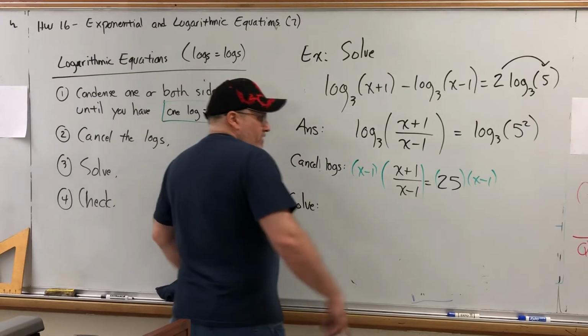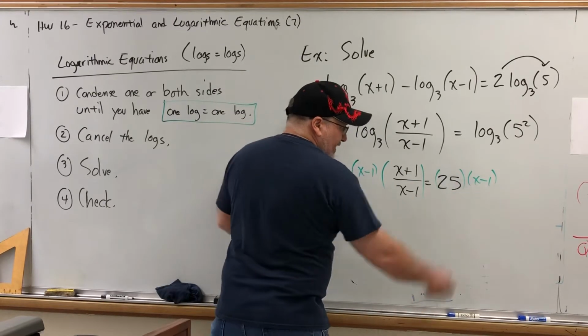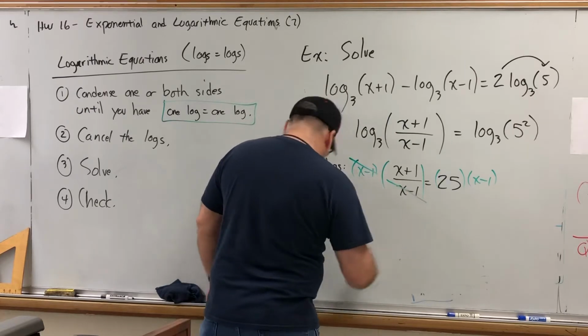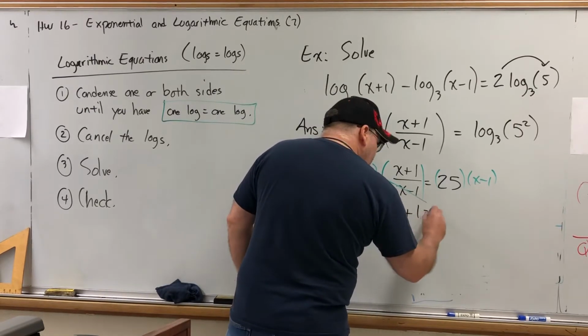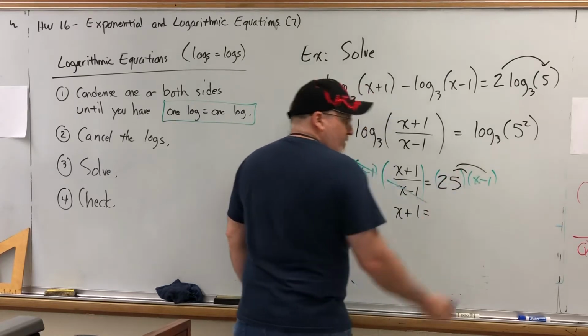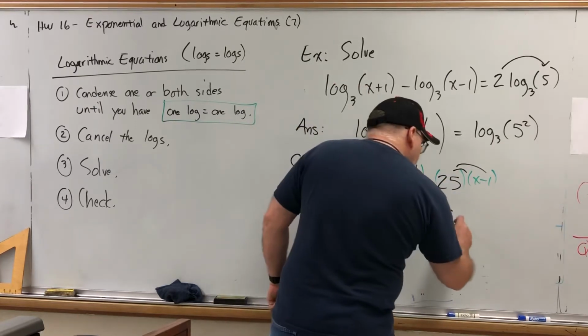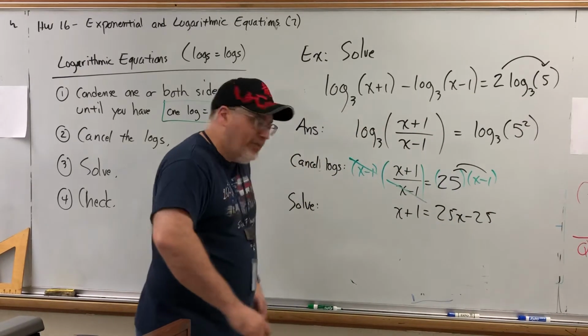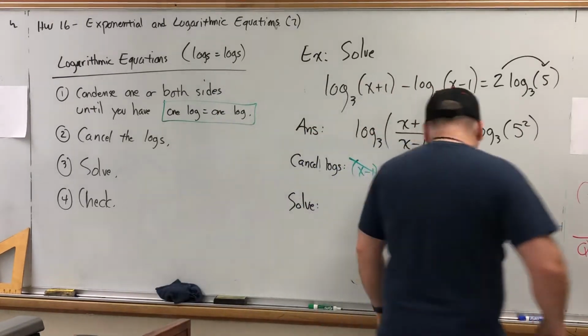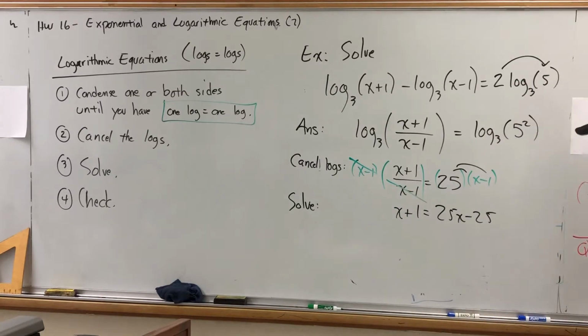But let's continue. If I multiply both sides of the equation by x minus 1, the x minus 1's cancel. That leaves x plus 1 on the left and a distributive property waiting to happen on the right. 25x minus 25. This is a simple linear equation. Granted, I've got x's on both sides, so I need to get rid of one of them.